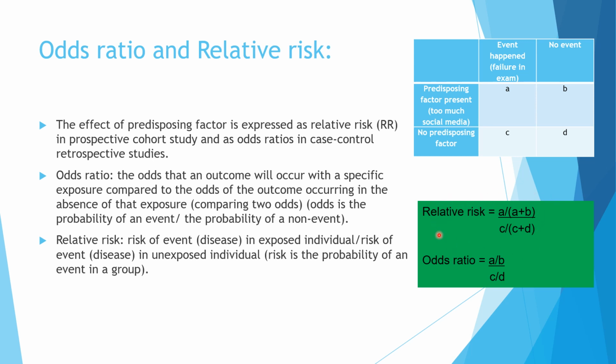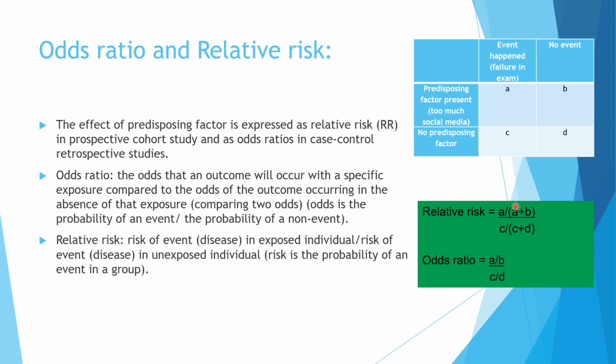So as you see, there is a difference between relative risk and odds ratio. However, if you have very, very large groups B and D and very small A and C, usually the two numbers will become very, very close to each other.